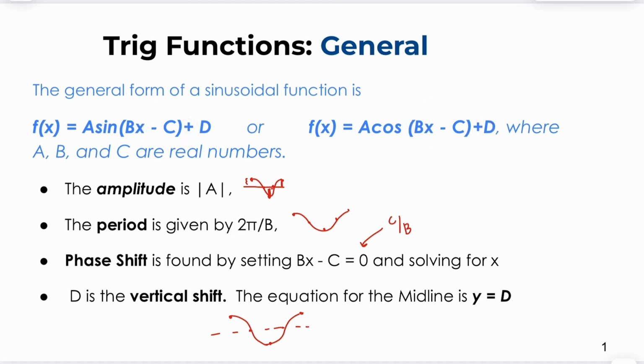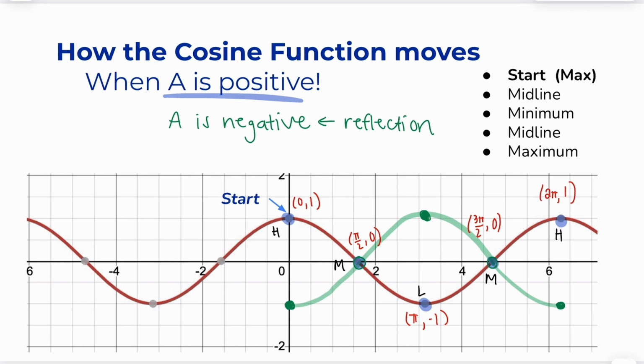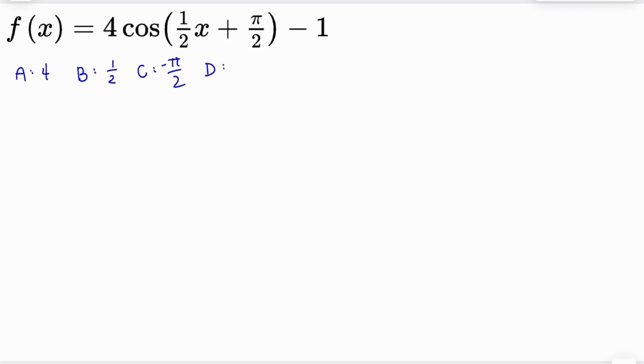It's a horizontal shift, and we know that horizontal transformations are always opposite. So because it says plus pi over 2, C is technically negative pi over 2. And D will be negative 1.